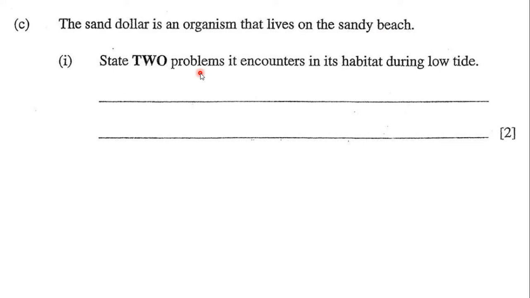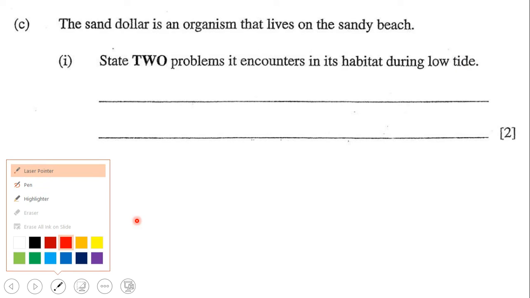State two problems it encounters in its habitat during low tide. So what are two problems that this organism, the sand dollar, is going to encounter during low tide? They want us to state two problems.